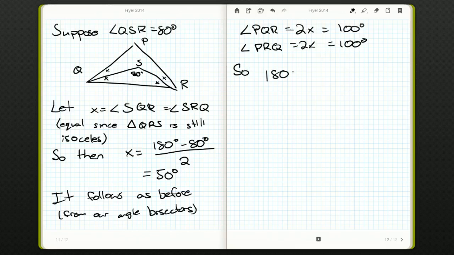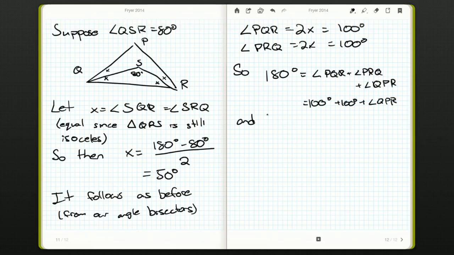We can go a step further and get ourselves a nonsense answer for this angle. So that gives us negative 20 degrees for that angle.